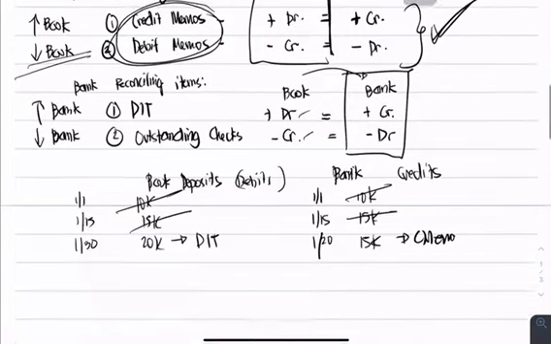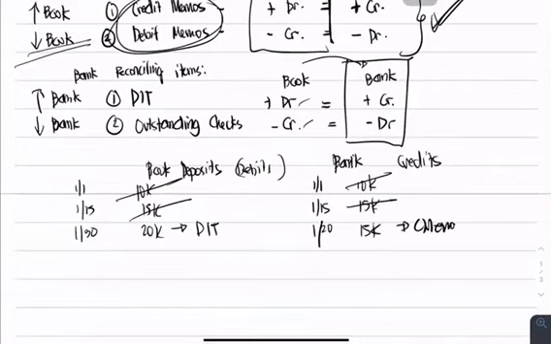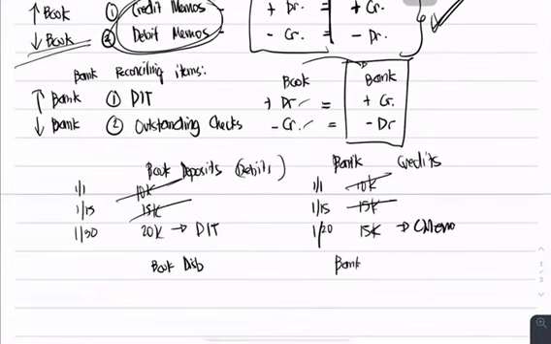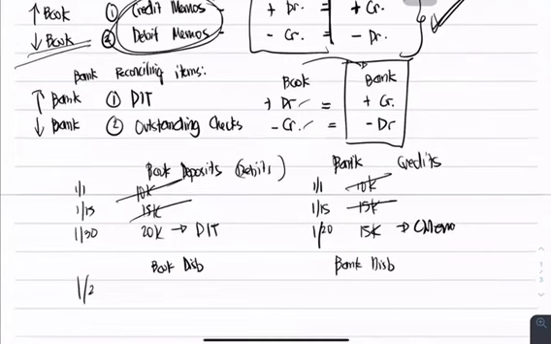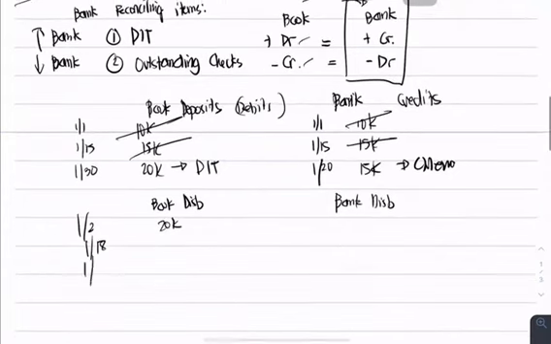How about for debit memos and outstanding check? So we have here your book disbursements and your bank disbursements. So, assuming nag-disburse ka pala nung January 2 ng 20,000, January 18 ng 30,000, at January 30 ng 10,000.